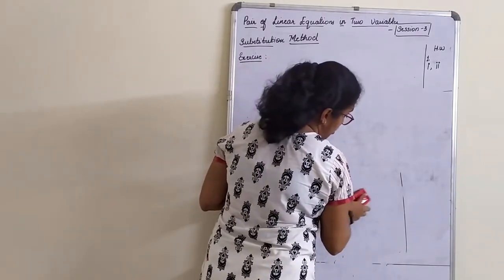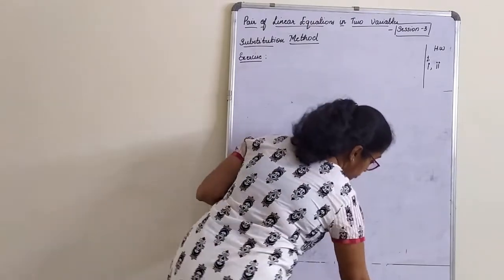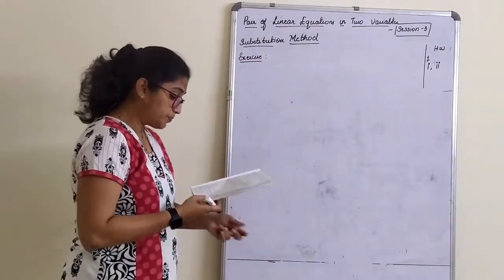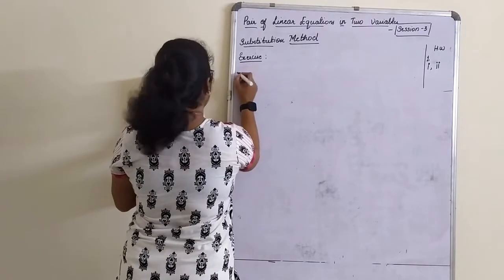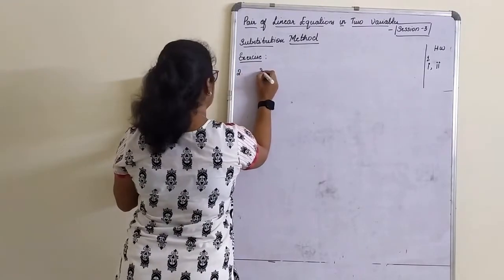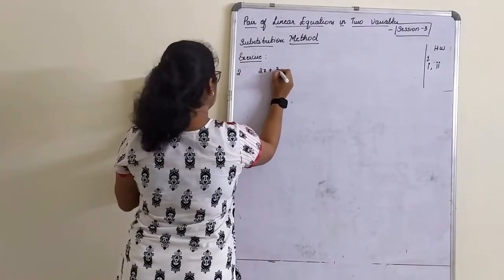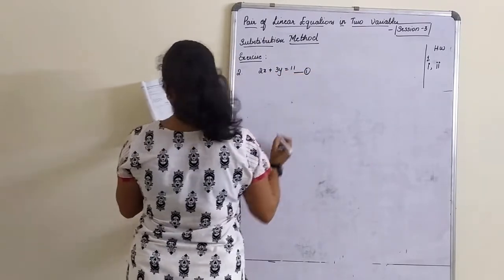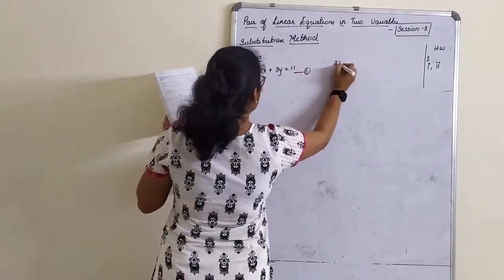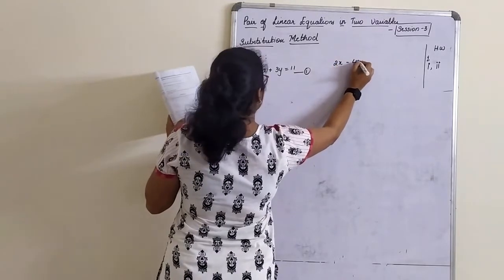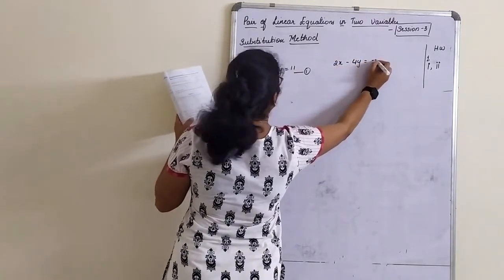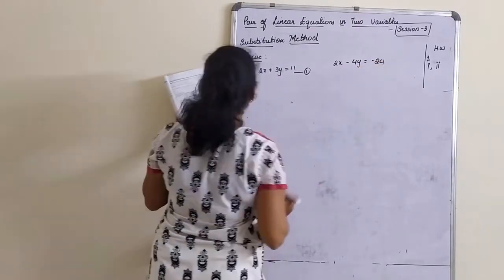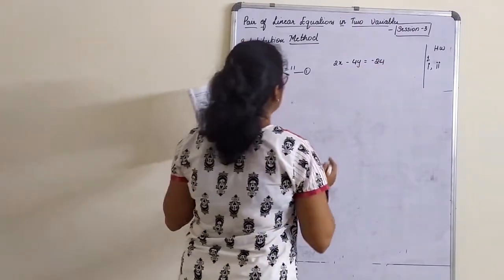That is the question asked. Right? So what are the equations given? Second one, equations given here are 2x plus 3y is equal to 11. This is equation 1. 2x minus 4y is equal to minus 24, and that is equation 2.